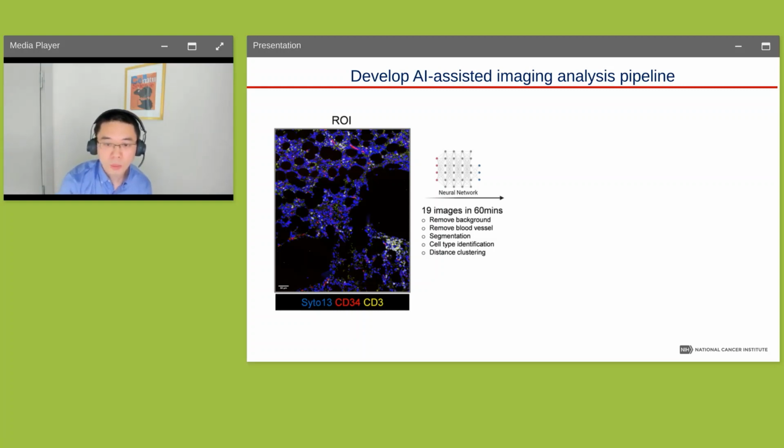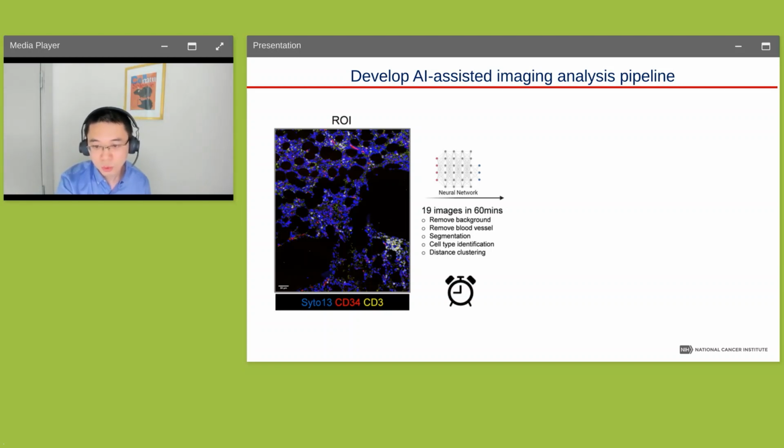At the beginning, we tried to just use distance, but as you can imagine, if you purely use distance to draw a circle, you will absolutely cut a lot of cells in half, and this will contaminate your analysis. During this process, you also need to identify the cell type, which one is the leukemia cell, which one is a T cell, which are the other cells, and by the end, we also need to measure the distance. So this is a very challenging job.